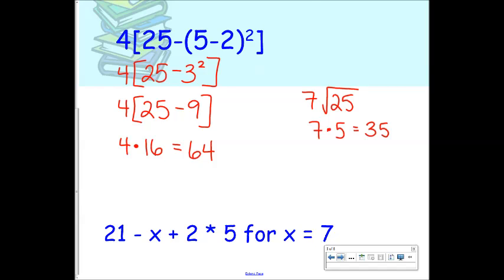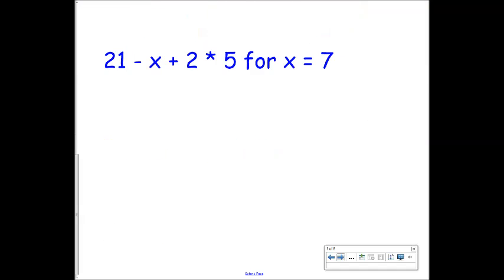All right, and then in this last one, this one is not harder, but a little bit more complicated because what other step do you have to do? Plug in. So I just take out the x and put in the 7. So my new problem is going to look like this. 21 minus... all right, where do I start?